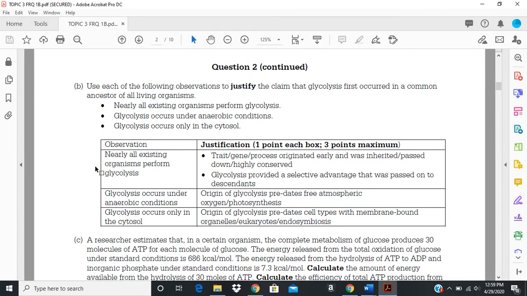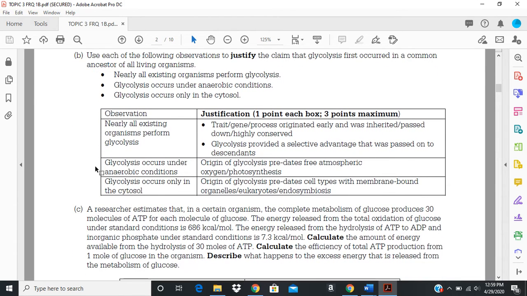And then we have letter C here. Love this one. So this is where you were given the energy that is in the total oxidation of glucose. And we know that if you hydrolyze glucose and oxidize it completely, you get 686 kilocalories per mole. We know that from 1 molecule of ATP, you're getting 7.3 kilocalories per mole.